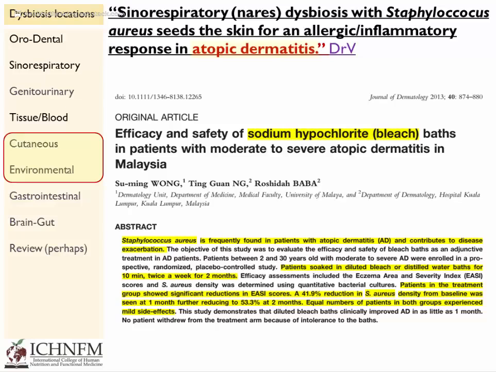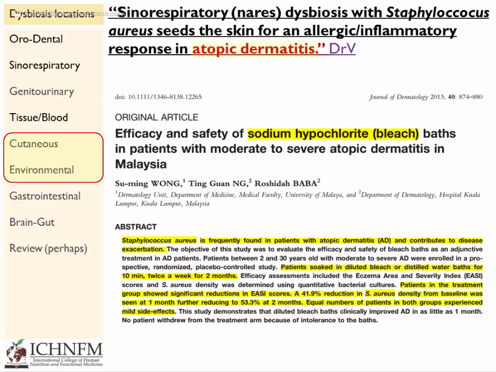Let's briefly look at this article from Journal of Dermatology 2013, Efficacy and Safety of Sodium Hypochlorite Bleach Baths in Patients with Moderate to Severe Atopic Dermatitis. Patients soaked in dilute bleach for 10 minutes twice a week for 2 months. Patients in the treatment group showed significant reductions in the eczema area and severity index.